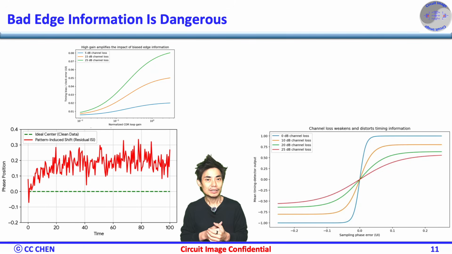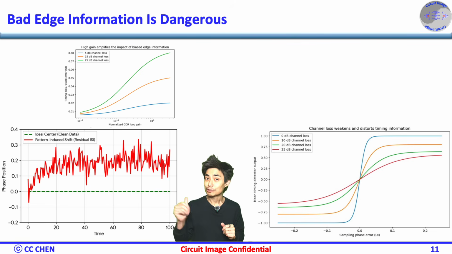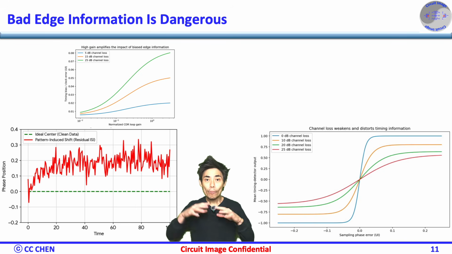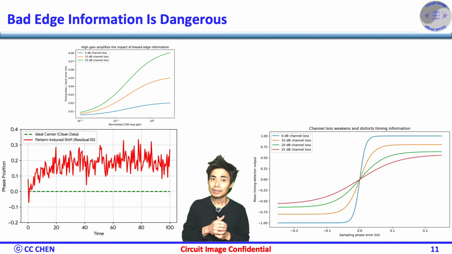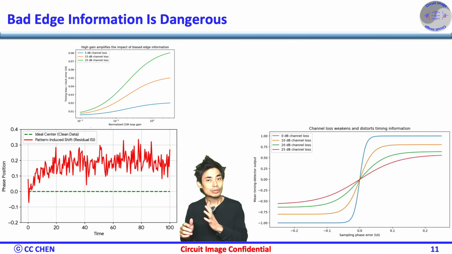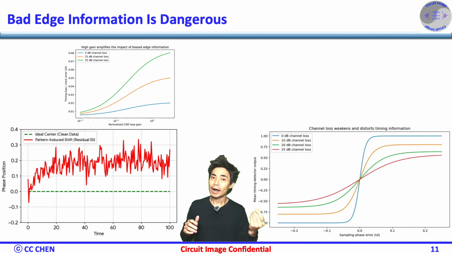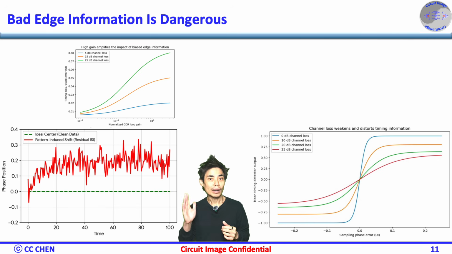In many receivers, the data sample can look good while the edge sample is still distorted. This is important. The DFE may open the data eye, but if the CDR uses edge samples and those edge samples are still affected by ISI, then the CDR phase decision is biased.